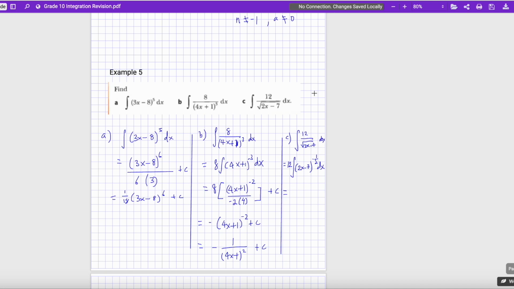In this case, again, you add 1 to the power. So you have 12, put a big bracket there: (2x - 7) to the power of minus half plus 1 is half. We're going to divide by half, which is the new power, and we're going to divide by the differential inside the bracket, which is 2. And then plus c. So we should get something like 12 root (2x - 7), and plus c.